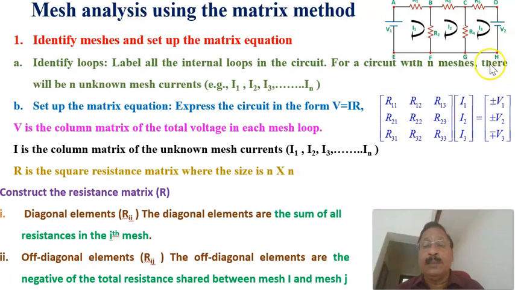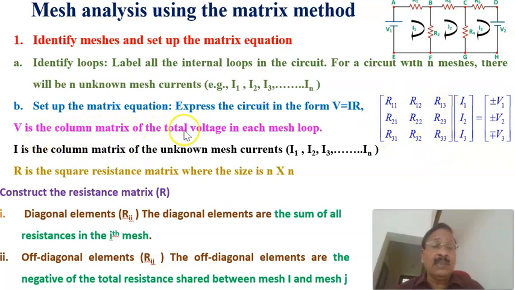The second element is all the voltage coming in the second mesh, and the third element is the voltage source in the third mesh. That is the voltage column vector, and it is equal to the mesh currents I1, I2, I3 multiplied by the resistance matrix.